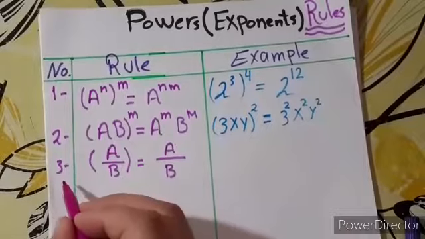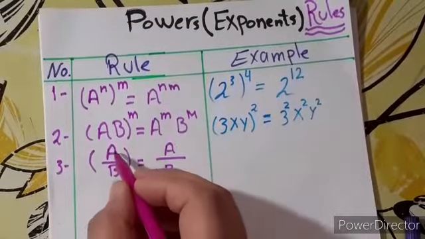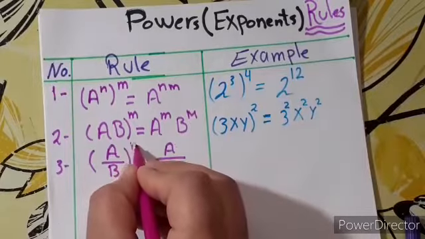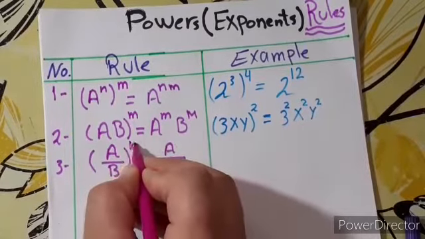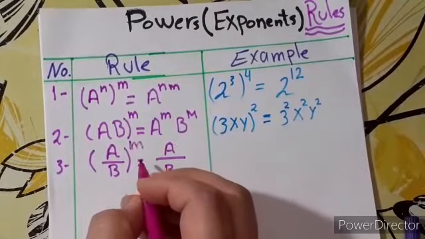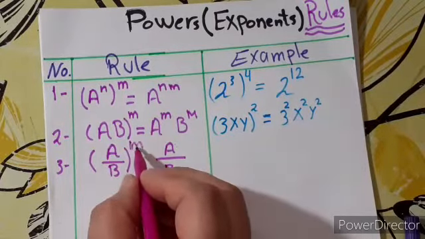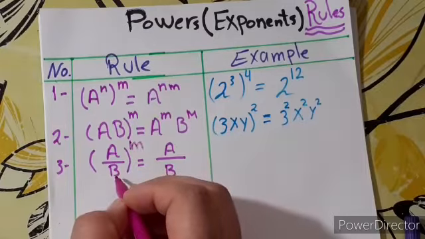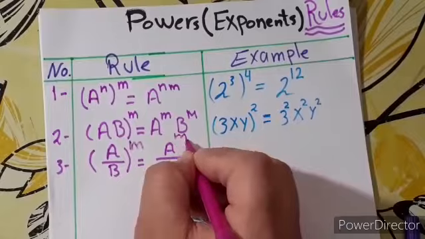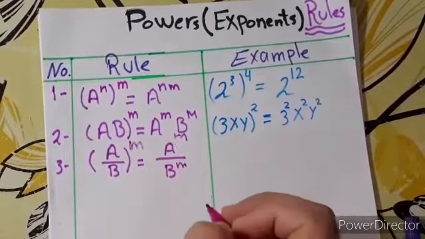Rule number 3. If we have the base A over B and all of the power m, so we can distribute this power on A over B and we can write A power m over B power m.